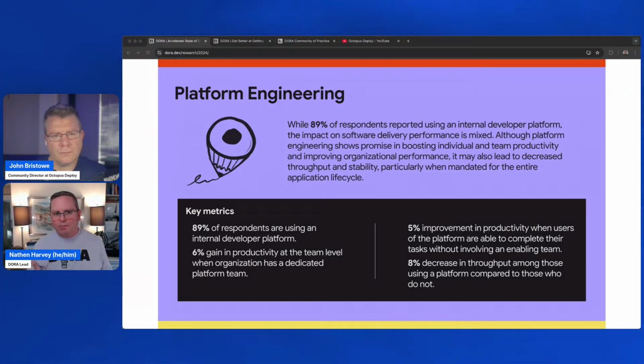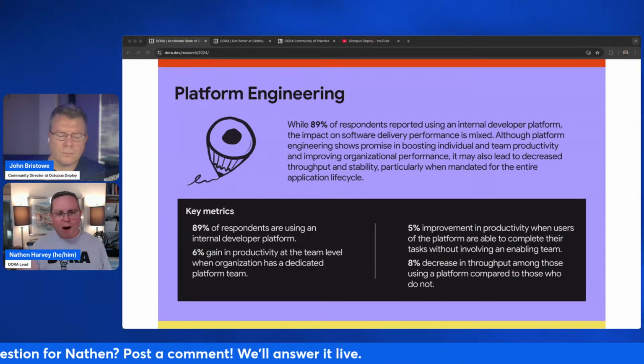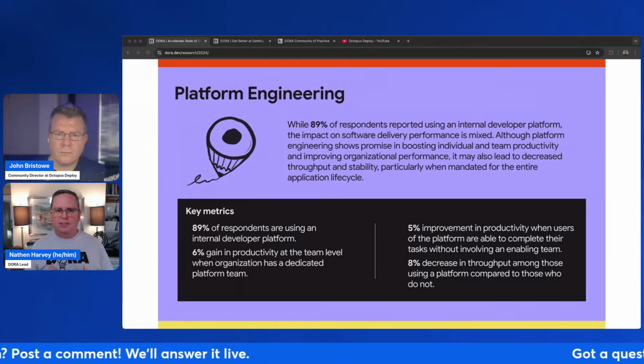It might not be to improve overall speed and stability of software changes. It might instead be a goal to improve overall consistency across different applications within your organization. And consistency maybe includes things like applying good governance and security policies and so forth.